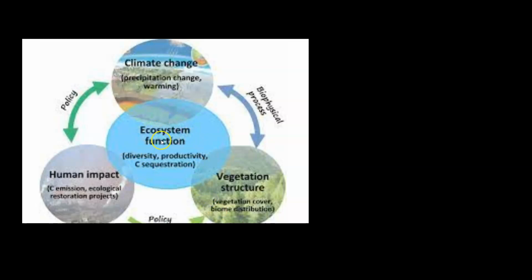And if we again are thinking about the health of an ecosystem based on its diversity and its productivity and the sequestration of carbon, which means the storing of carbon within that primary production and also different trophic levels within the organisms. Sequestering carbon as a sink is a function of the health of an ecosystem.